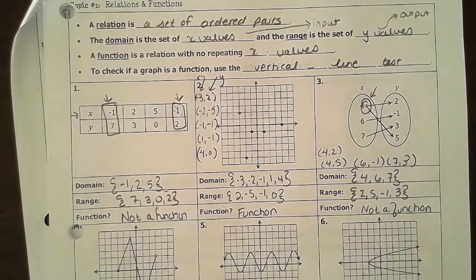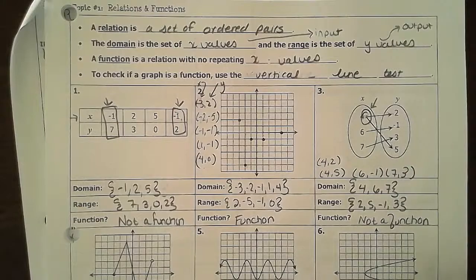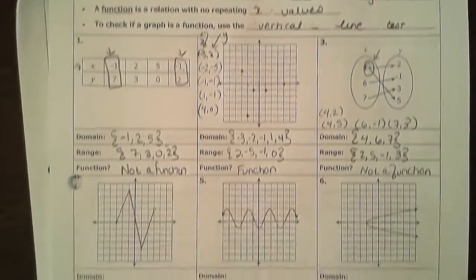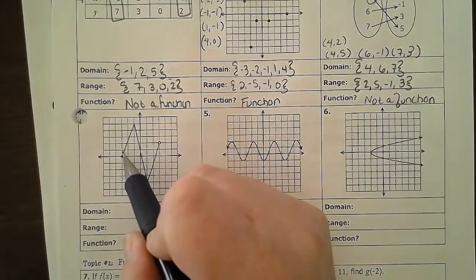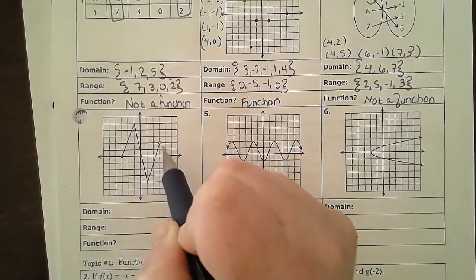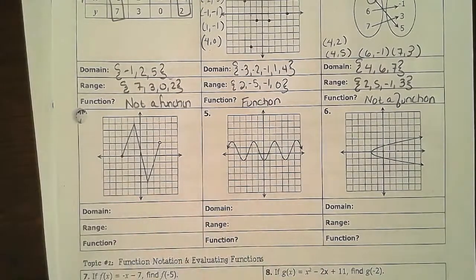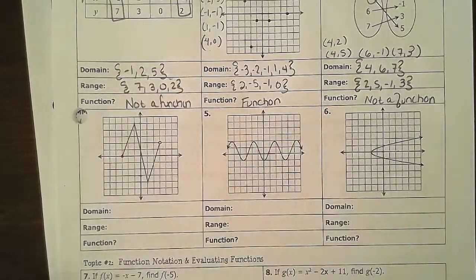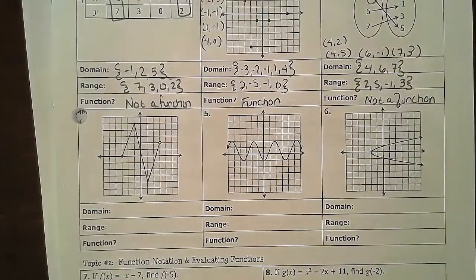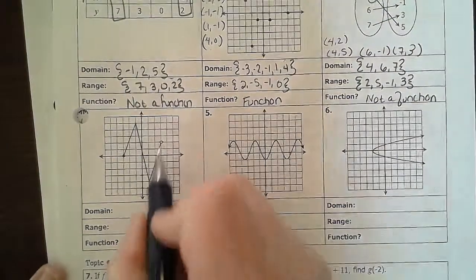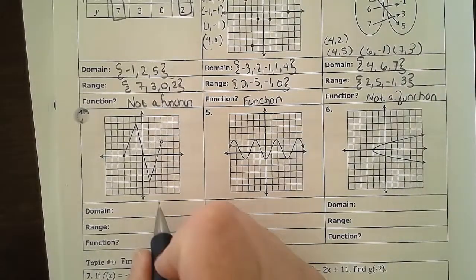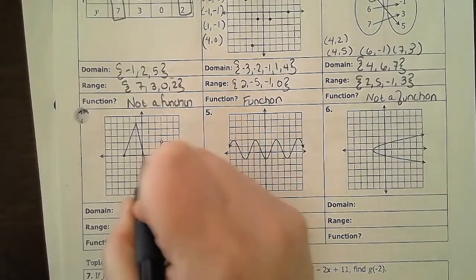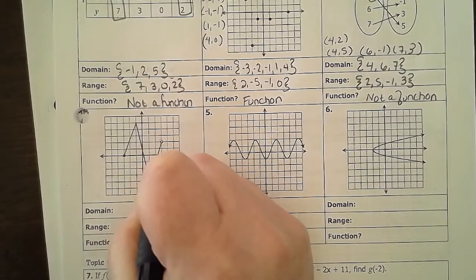Now, what about if we have a graph? A continuous graph is very unique because we can't name each and every one of these points because there's infinitely many points between here. Okay? So when I have a graph like this one right here, I have to pay attention to, do you see how this is an open circle? That means this point is not included, but let's go ahead and write it down. This is the point 1, 2, 3, 2.